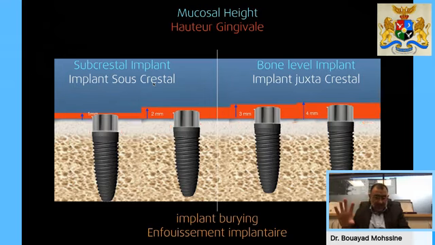The most important thing is that we have the 4 millimeters between the height of residual bone and the gingiva during the healing.